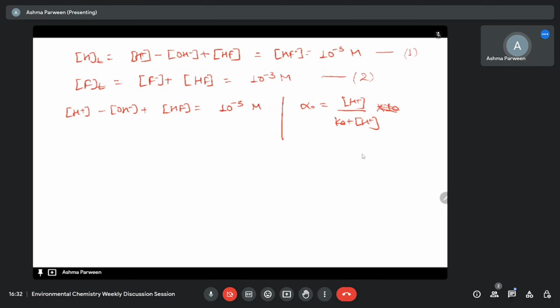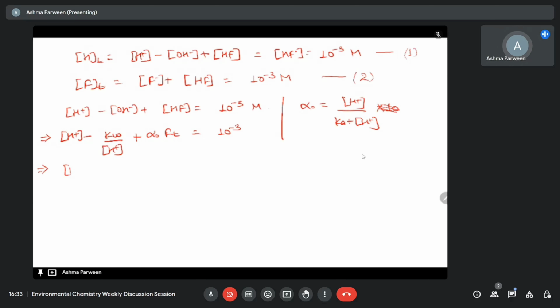This is the value for alpha naught, and here we can write H plus minus Kw upon H plus, plus HF. It can be written as alpha naught into F total equal to 10 raised to minus 3.